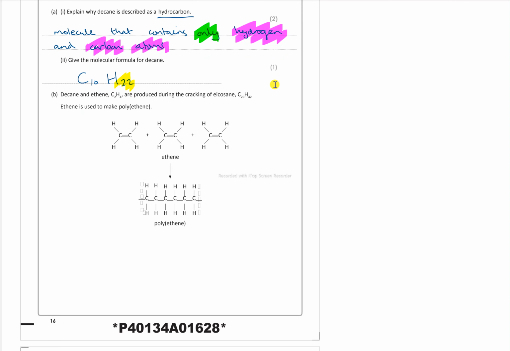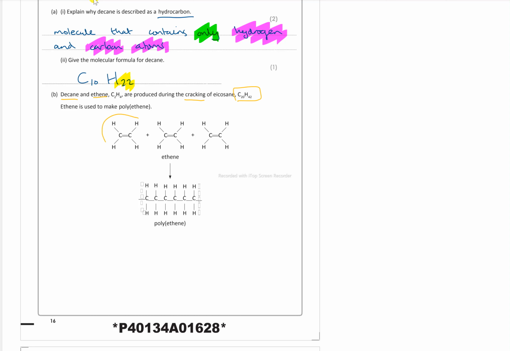Now watch this. This is polymerization. So you crack eicosane, a long chain hydrocarbon, and you make decane and ethene out of it.